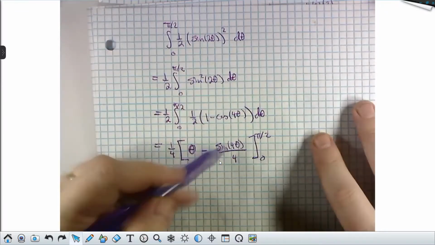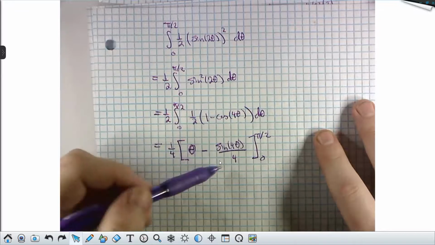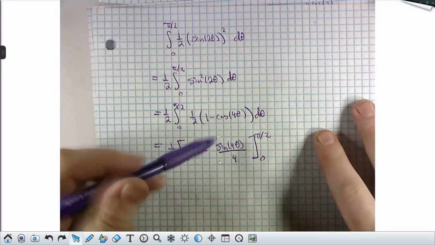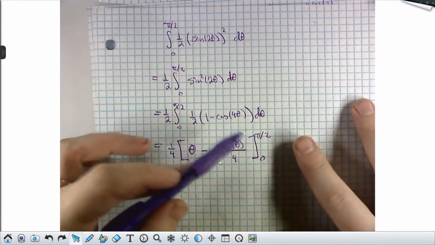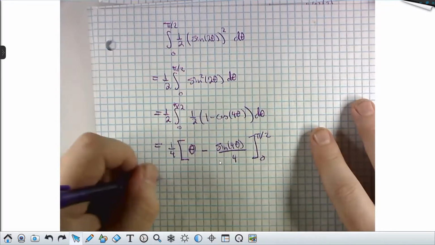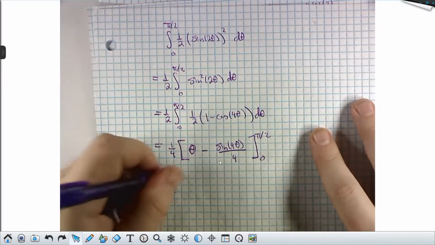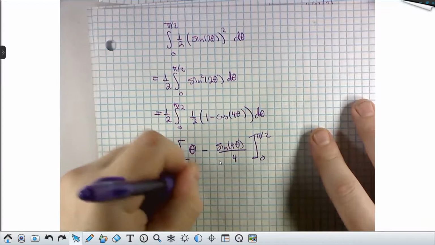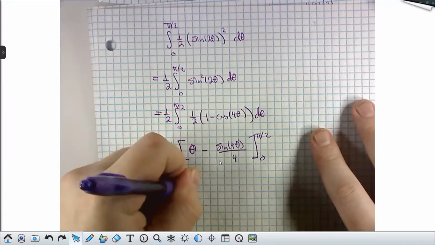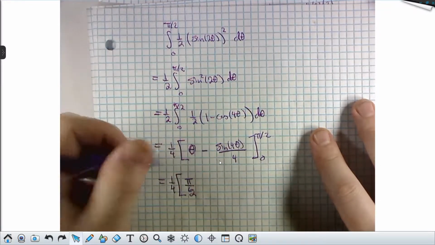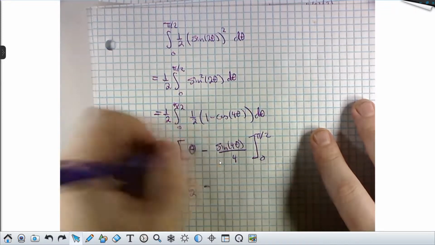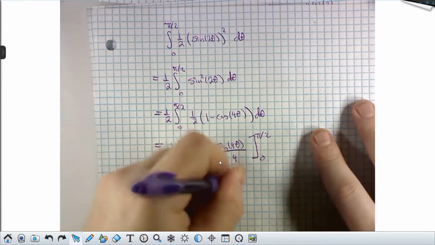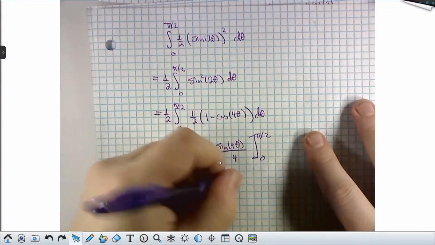When theta is 0, everything's 0, right? 0 minus the sine of 0 over 4, that's 0 minus 0. When theta is pi over 2, I do get something. I get 1/4 times pi over 2 minus the sine of 4 pi over 2. Well, 4 times pi over 2, that's 2 pi.